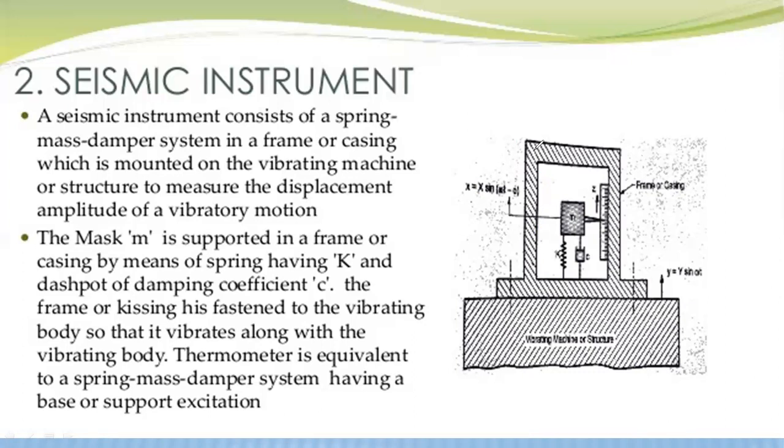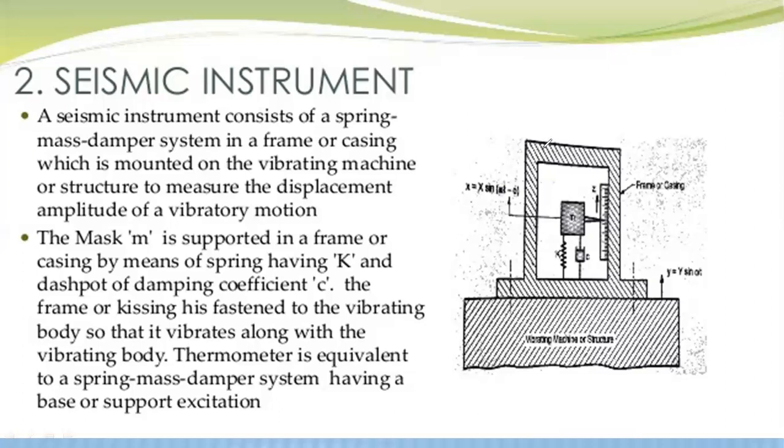Measurement of transient motion is more readily achieved than with displacement or velocity pickups, and the destructive forces in machinery are often more closely related to acceleration than to velocity or displacement. So these are the different features of these seismic instruments.